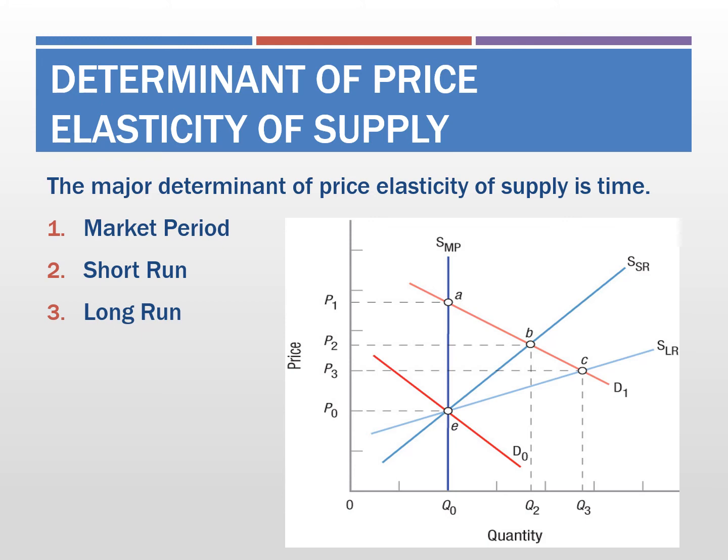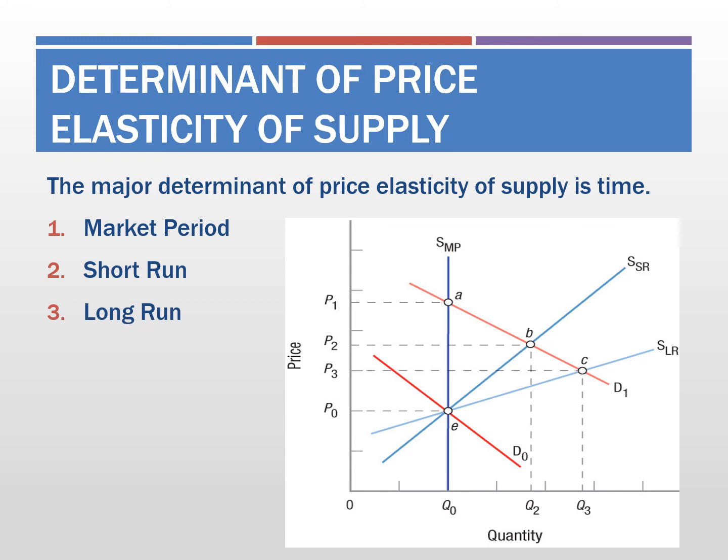Well, fortunately, unlike the study of demand, there is only one factor that the firm cares about when they're running their production. And this factor is time. The only thing that determines the elasticity of supply is how much time the firm has to run the production or make the production decisions.